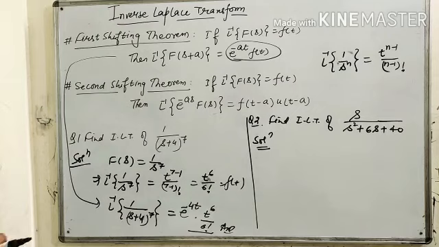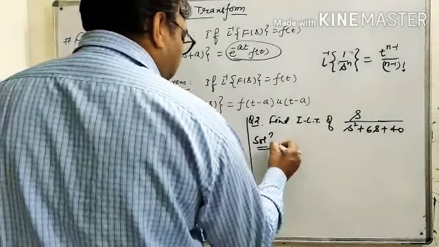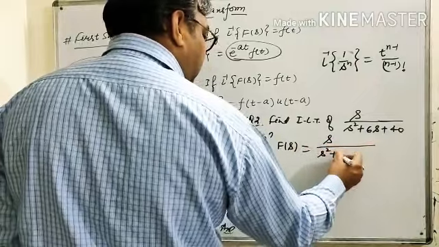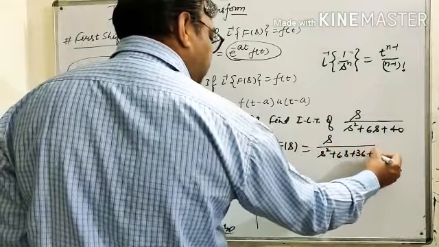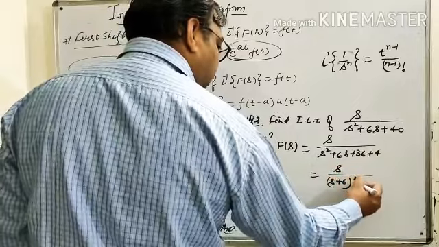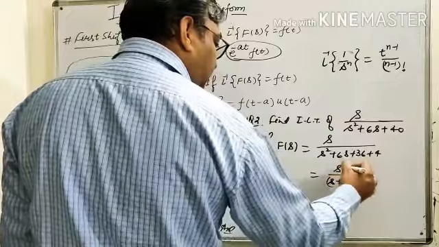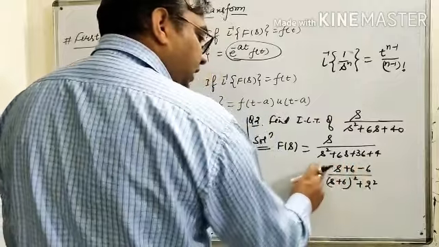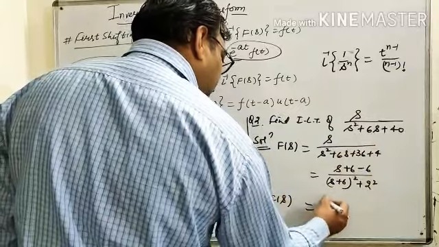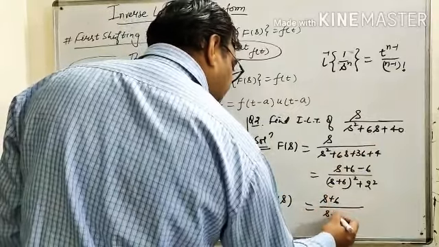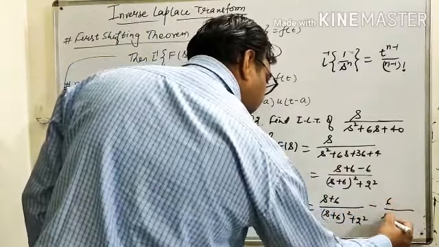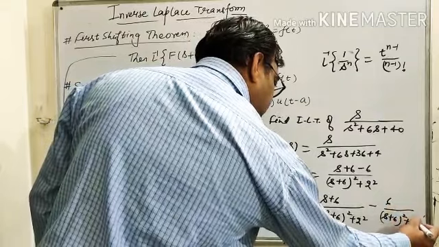So for the identification of F(s), we have to rewrite it as s upon s^2+6s+36+4. Now this is s upon (s+6)^2+2^2, or now we can write it as s+6-6. So F(s) can be in the form of (s+6) upon (s+6)^2+2^2 minus 6 upon (s+6)^2+2^2.